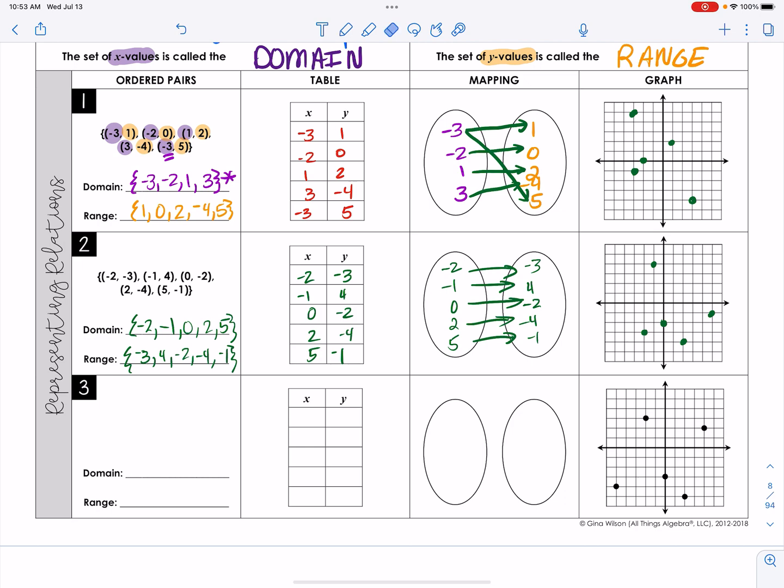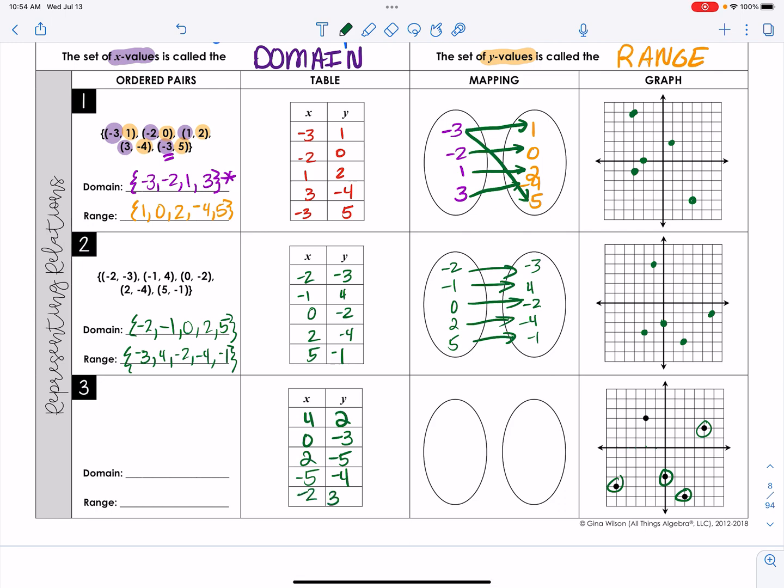Okay, and then the next one, we're going backwards. I know my points. So the first point is 1, 2, 3, 4, 2. So I'm going to put it here. And then this point is 0, -3. This point is 2, -5. This point is 1, 2, 3, 4, 5, -4. And then this point is -2, 3.